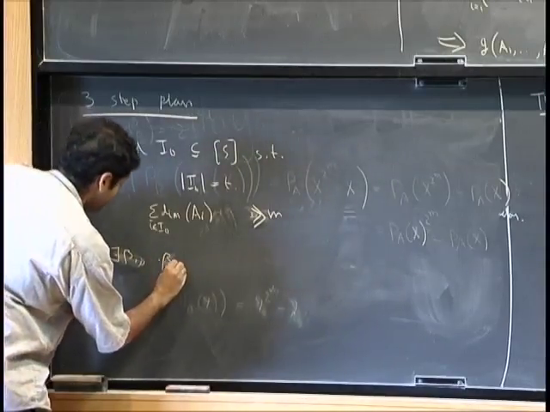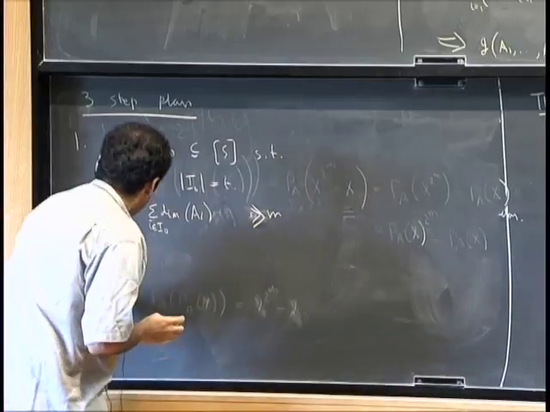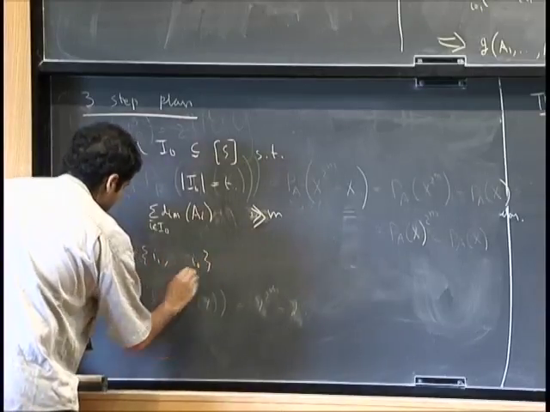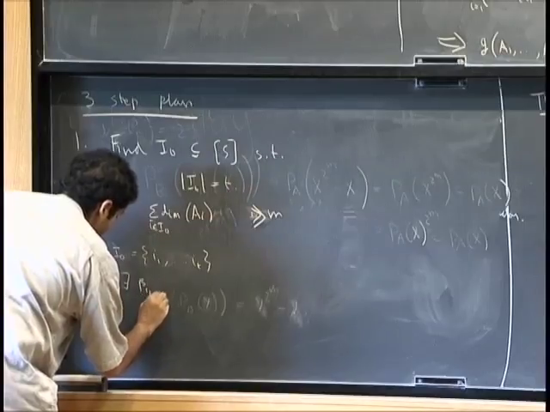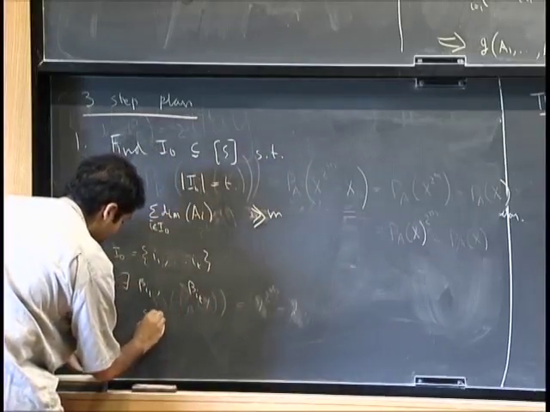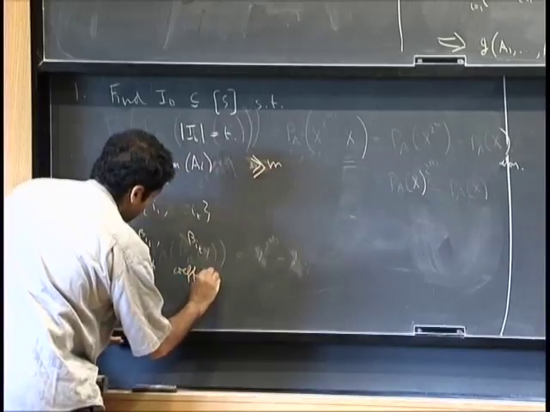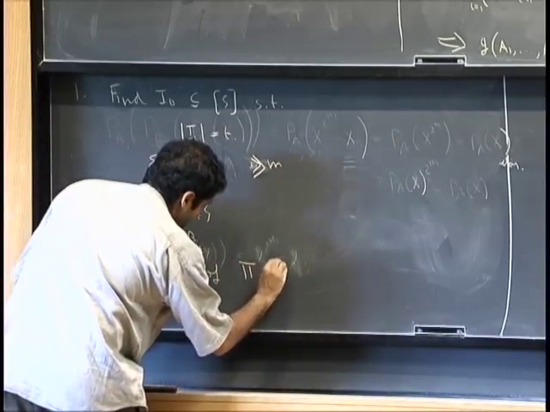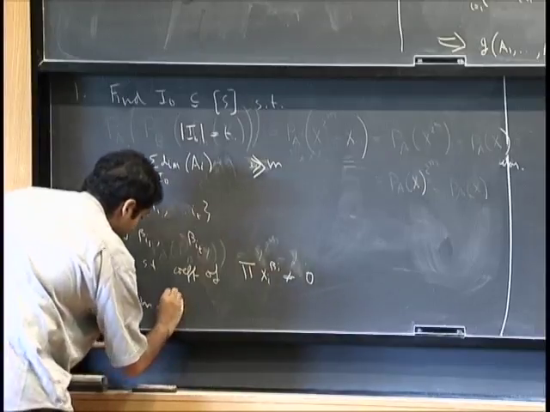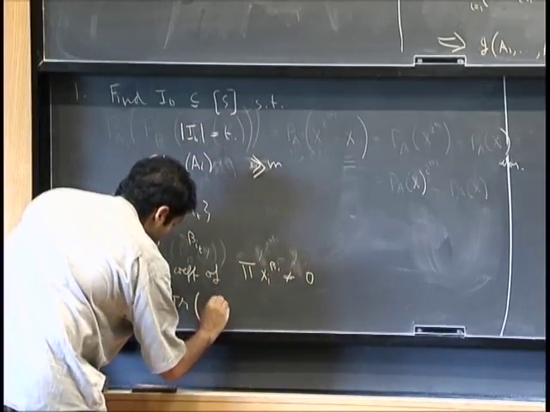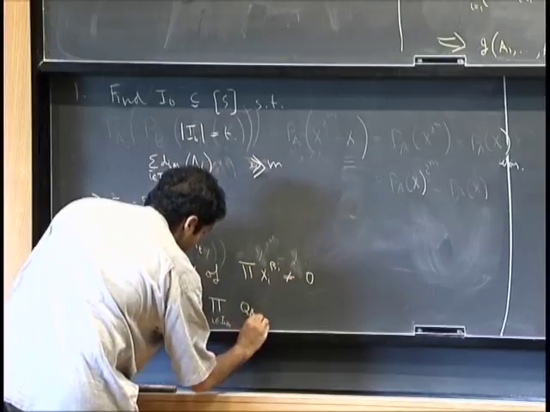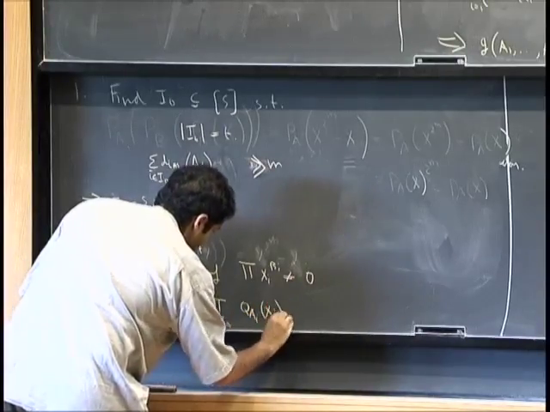So this implies that, if I naught is equal to I1 up to IT, then there exist beta I1 up to beta IT such that the coefficient of the product of x_i to the beta_i is non-zero in the trace of the product over i in I naught of Q_{A_i} of x_i to the alpha.